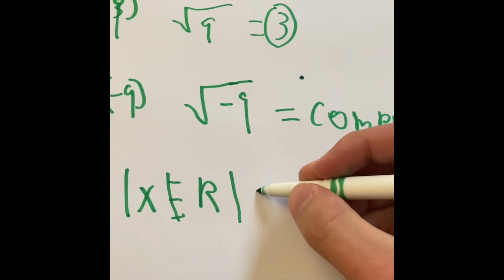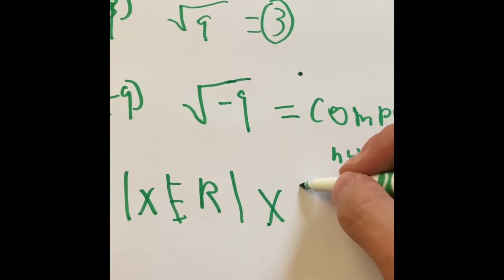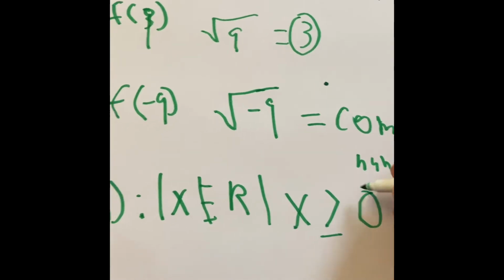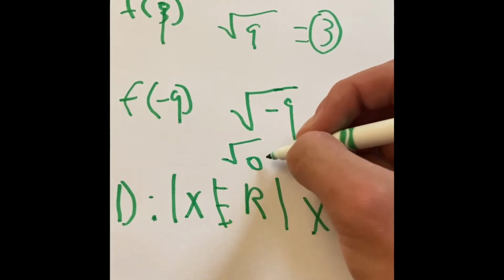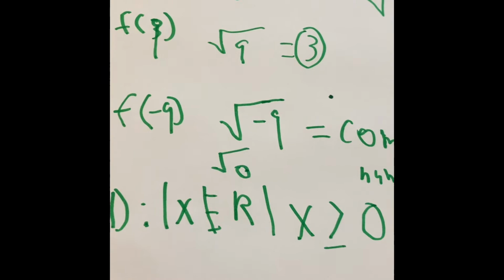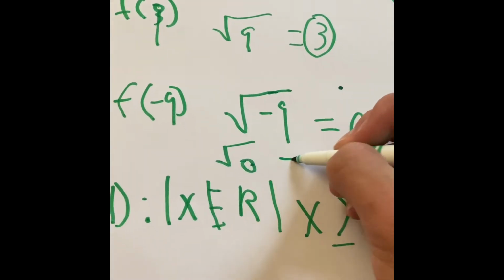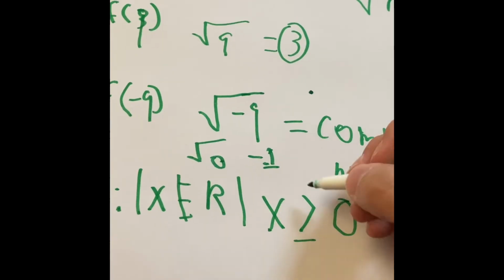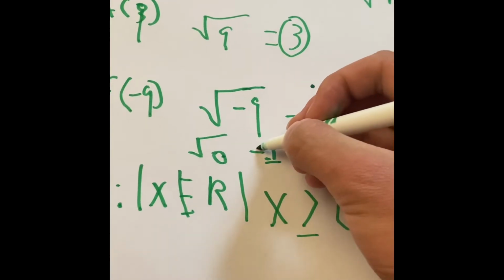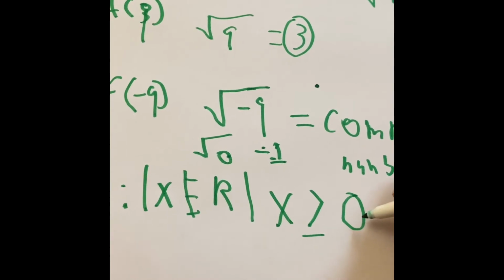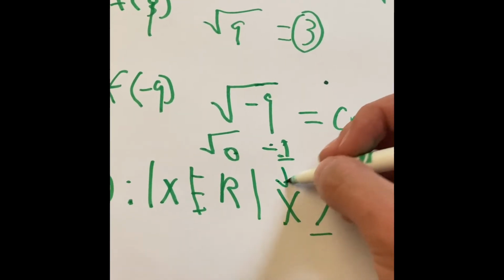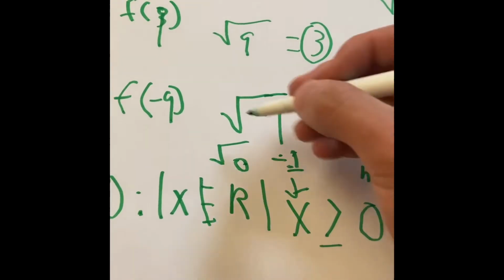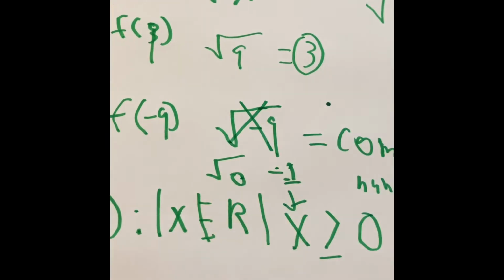Whatever we insert in for x has to be at least 0 or more, because if you find the square root of 0, then yes, it's still okay. But if you go into negative 1, that's not 0 or more. Whatever you insert for x must be at least 0 or more, because you can't find negative square roots.